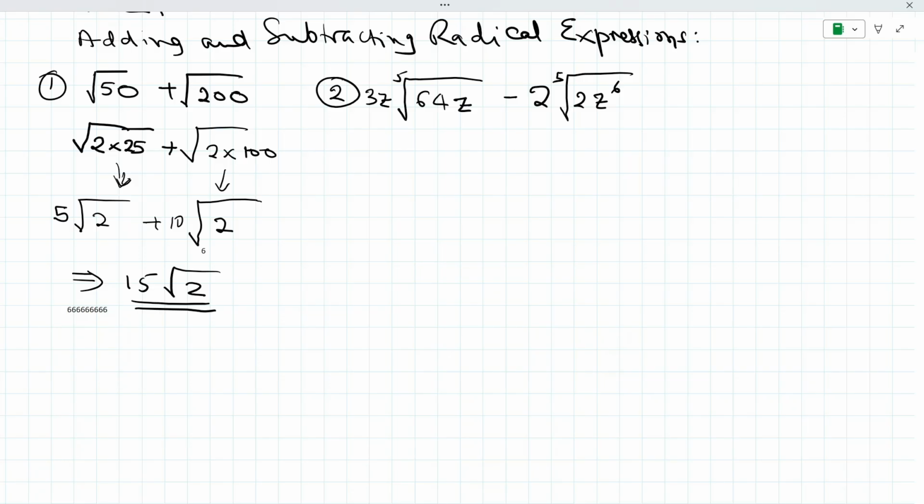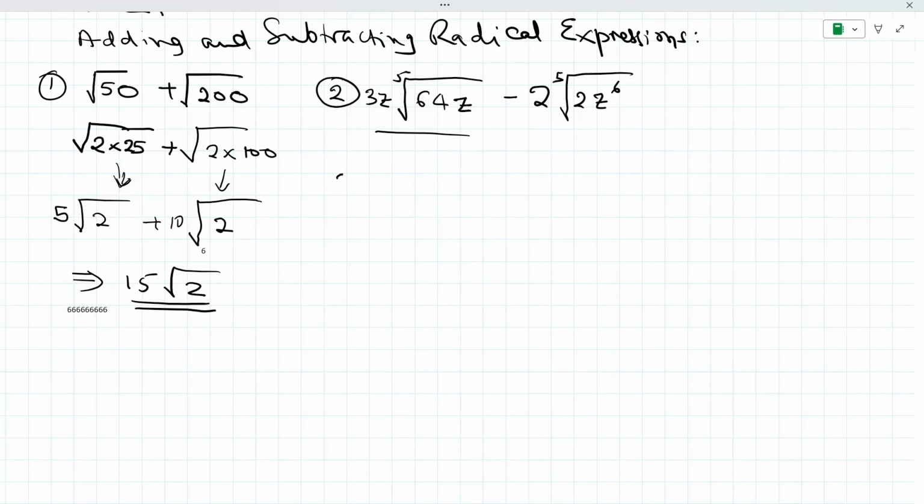Now, here we're not only talking about square root, but we are talking about the fifth root. So we have to be very, very careful. Of course, looking at this first part, we already have our 3z outside of the root.